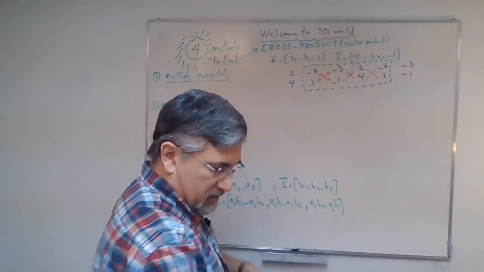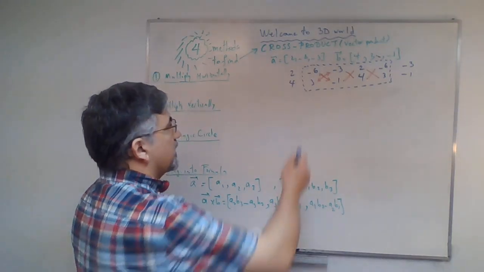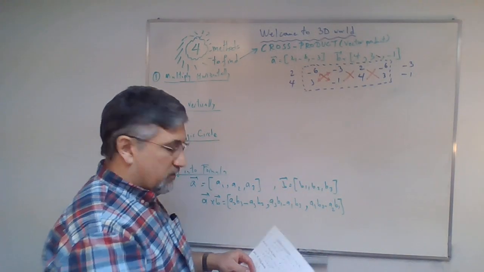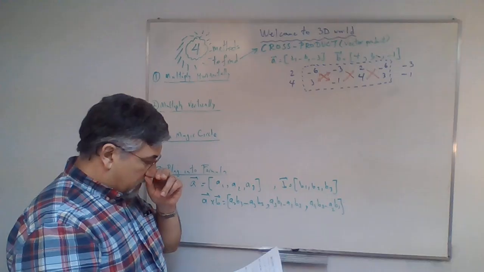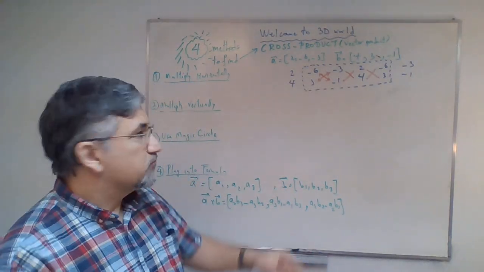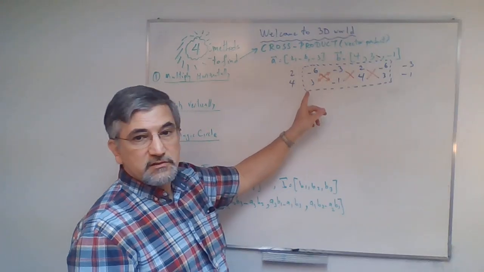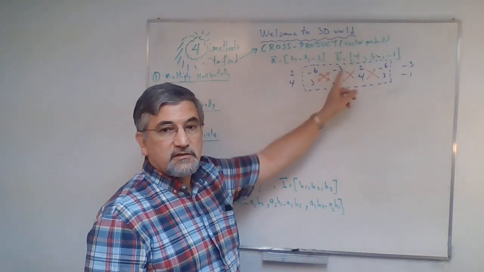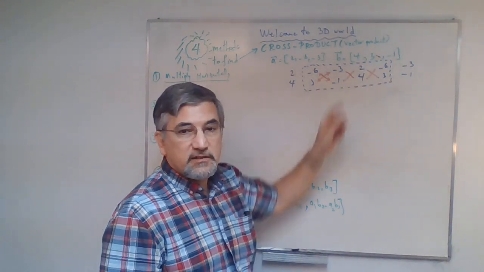So we're going to do -6 times -1, minus 3 times -3. So this times that minus this times this. Again, this times this minus that times that. And this times this minus that times that.